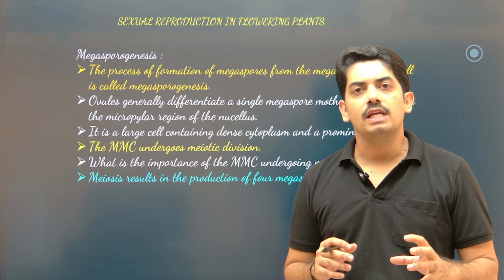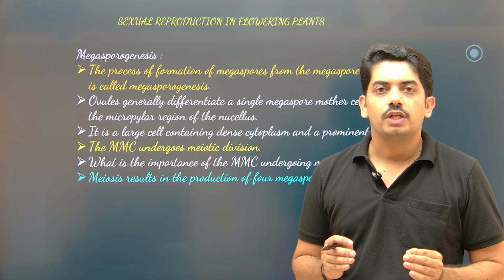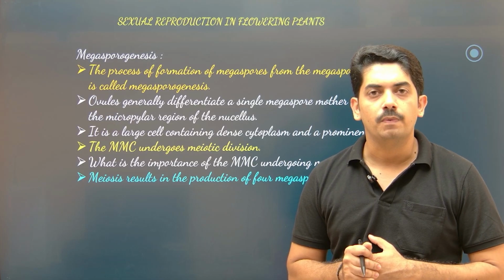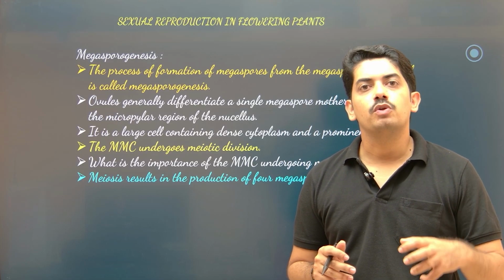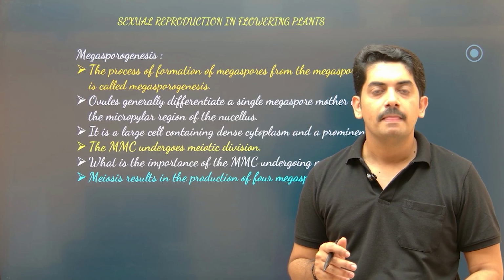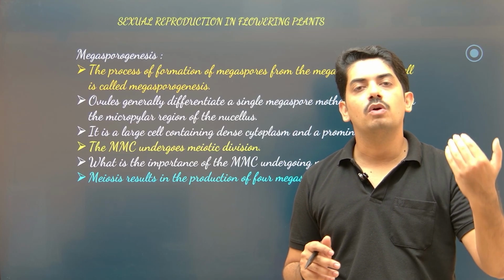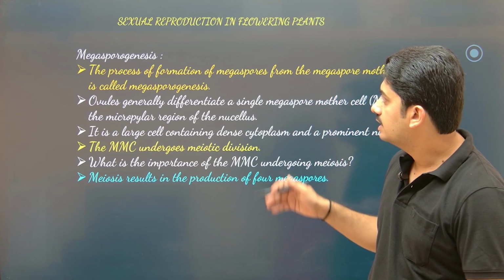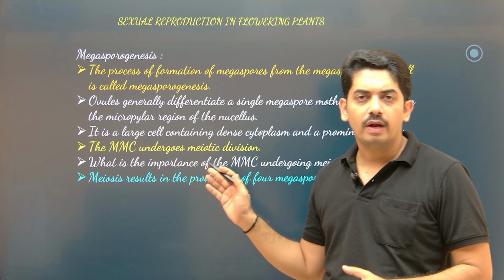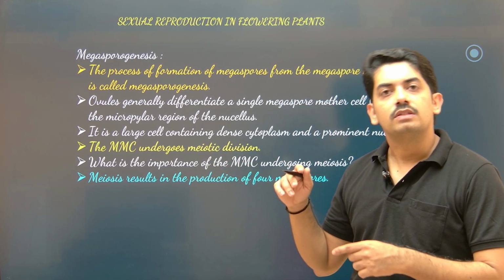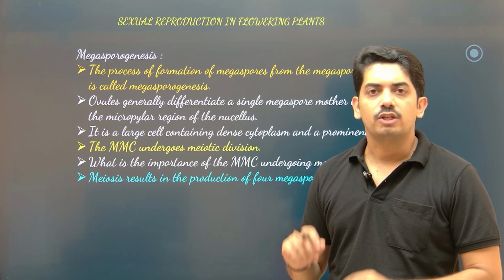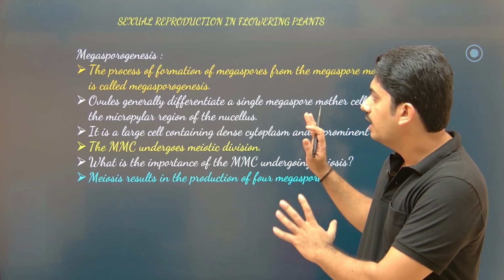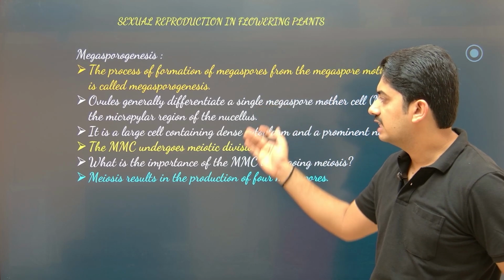Now some of the nucellar cells enlarge and become the sporogenous tissue, and this sporogenous tissue undergoes mitosis and produces the megaspore mother cell. Now the megaspore mother cell undergoes meiosis and produces 4 haploid cells. Of these, 3 will degenerate and 1, which is nearer to the micropylar region, develops and forms an embryo sac. That is what is explained in this.